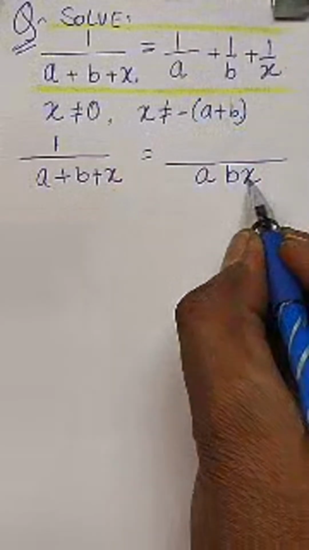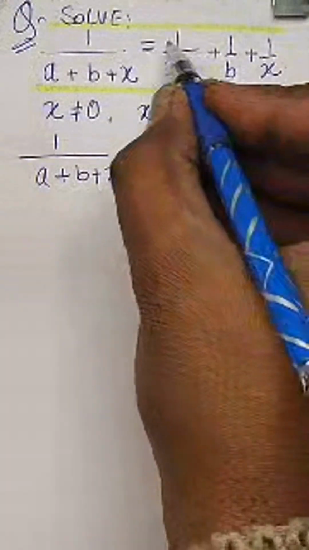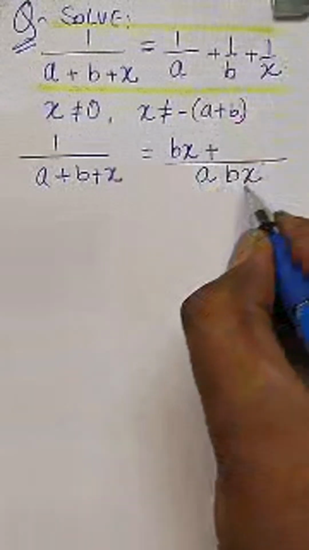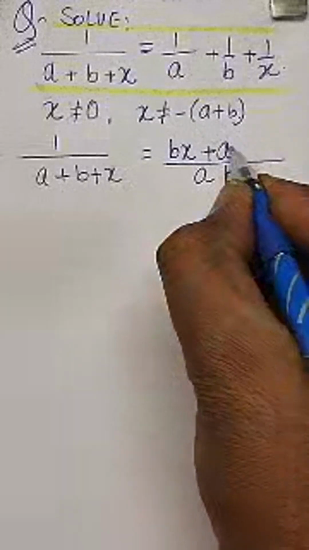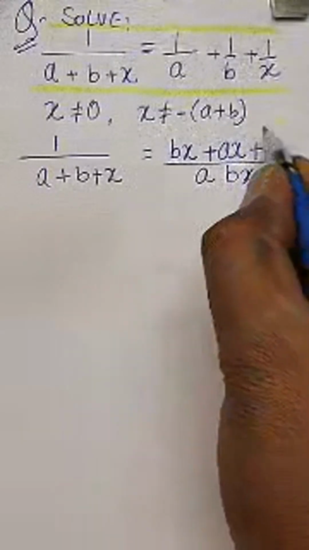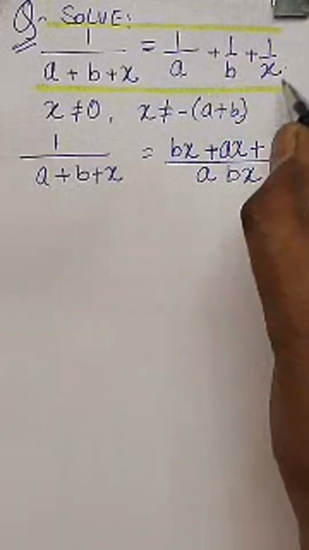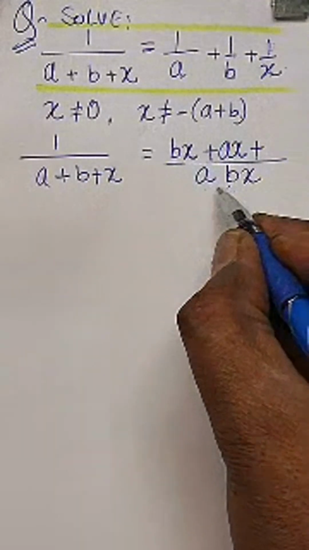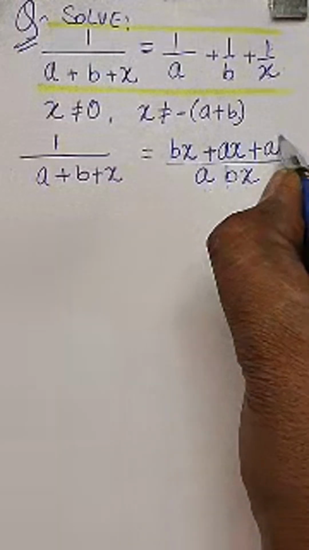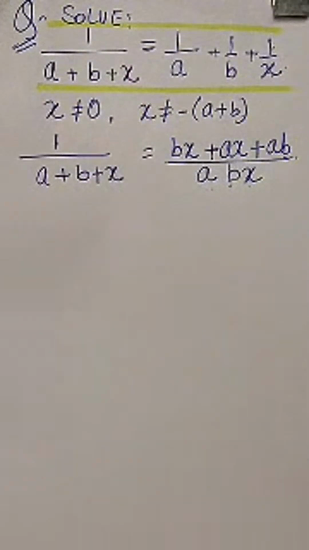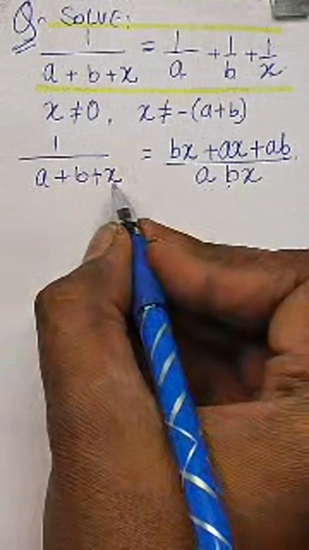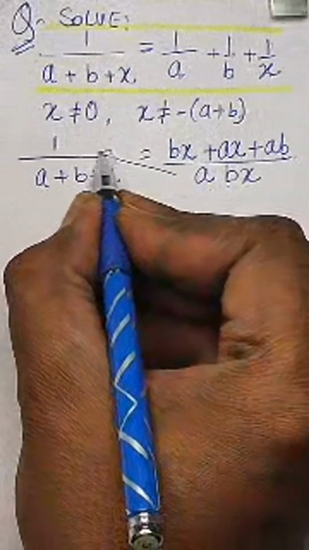And a times bx will become abx. So bx into 1 will become bx, and here if b is there, ax will come into the numerator. And for x, the numerator is 1 times ab, so here it will be ab. From this we can do cross multiplication.